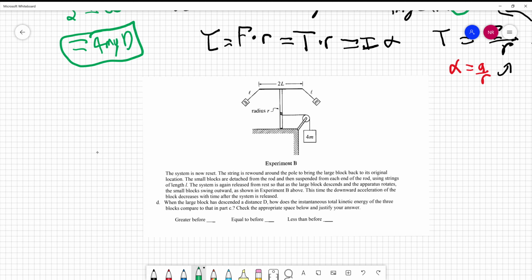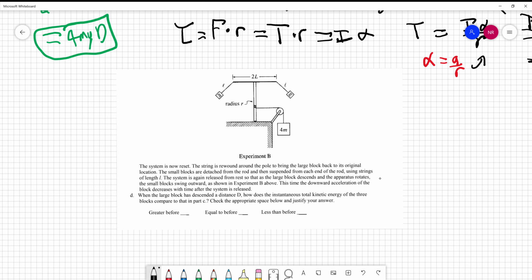This time, the downward acceleration of the block decreases with time after the system is released. When the large block has descended a distance d, how does the instantaneous total kinetic energy for the three blocks compare to that in part C? Check the appropriate space below and justify your answer.